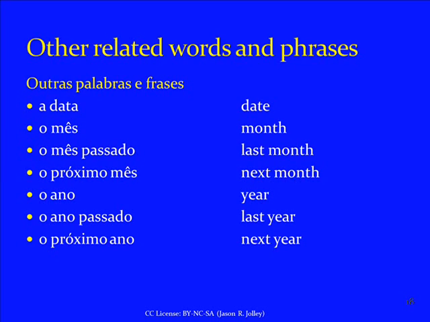Year is ano. O ano. Last year, o ano passado. Next year, o próximo ano. Again, just some extra vocabulary that may or may not come up when we're talking about dates and the idea of months and years.